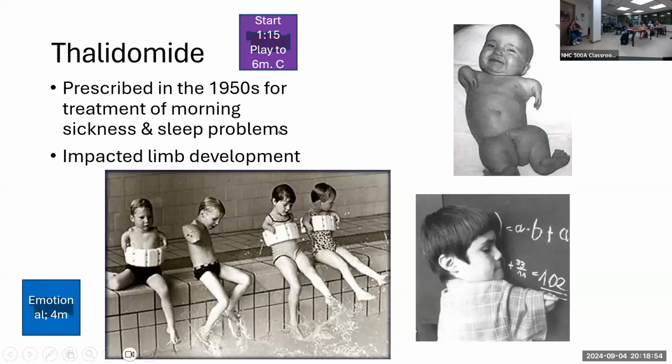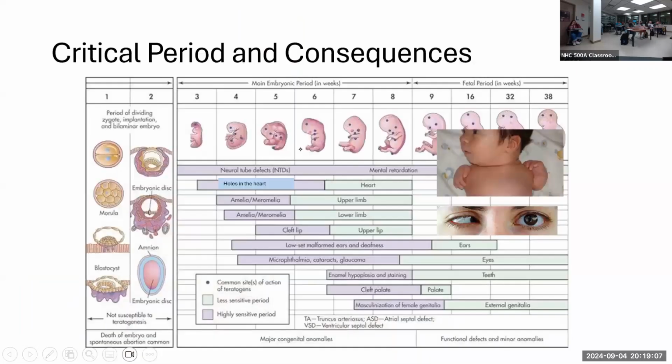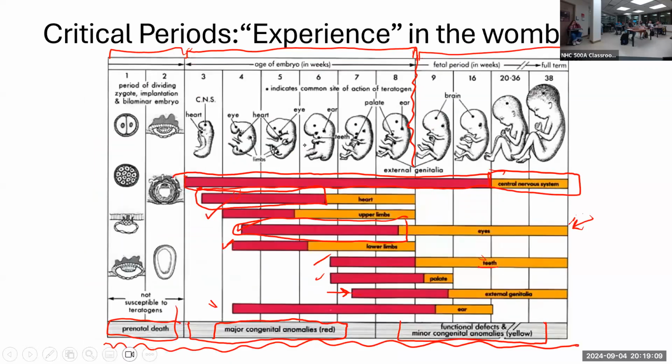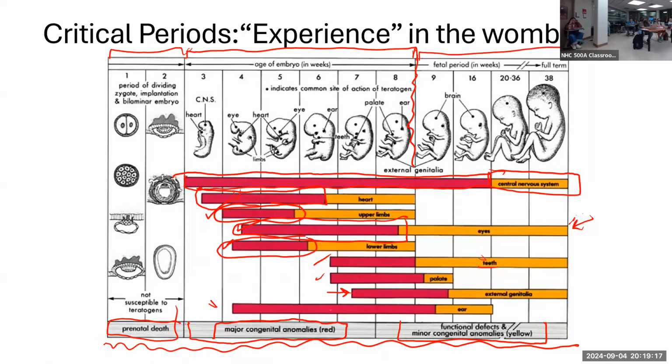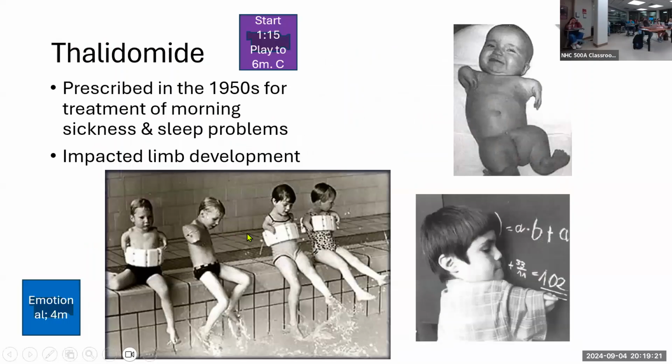But unfortunately, thalidomide was a teratogen unbeknownst to the prescribers or the mothers, and it affected limb development, arms and legs. So you can see when a woman would be taking it, going back to this one, you can see the limbs are developing here, 4 to 6 weeks. That's exactly when a woman might be feeling a lot of nausea.